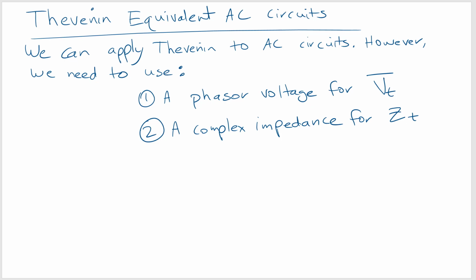So, we can apply Thevenin to AC circuits, but for the Thevenin voltage, we are going to be using a phasor voltage for V Thevenin, okay? And for what was R Thevenin, we're going to be using a complex impedance for the Thevenin impedance. So we're generalizing the circuits.